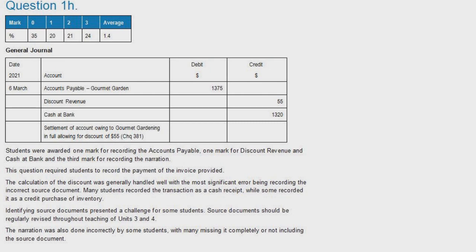You could have easily just written settlement of account owing to Gourmet Gardening and you're done. You don't really need to say allowing for a discount of $55 because you could see discount revenue is credited $55. No, that's just my opinion. But this is what VCAA have cited as a suggested solution, so you're probably better off trusting them than me, in all honesty.